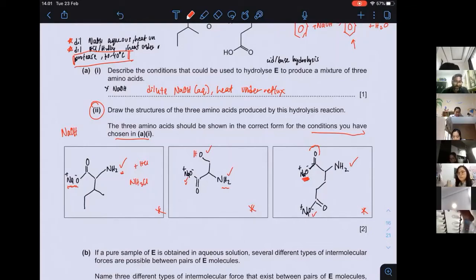You will get 1 mark, Aneta, but you will not get the full mark. Imagine if you have anything wrong in one of these, then automatically 0, so it means everything must be correct. If you still use the NH3 plus, you will not get the 2 marks, you will get only 1 mark. Please take note of that.